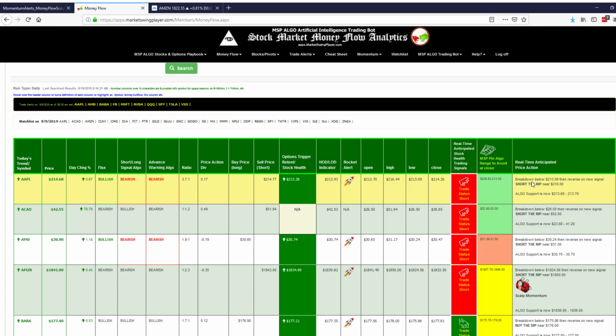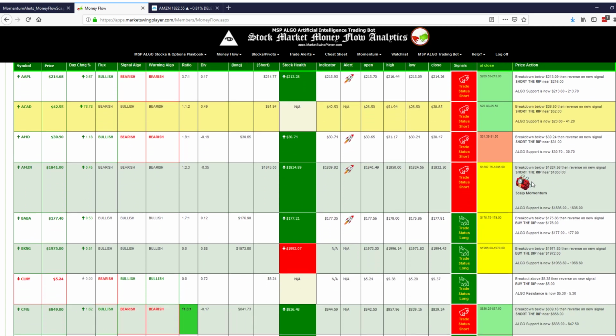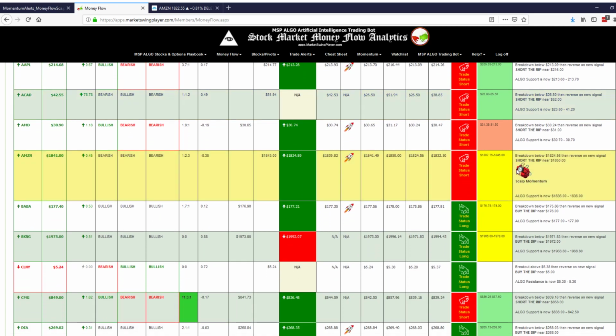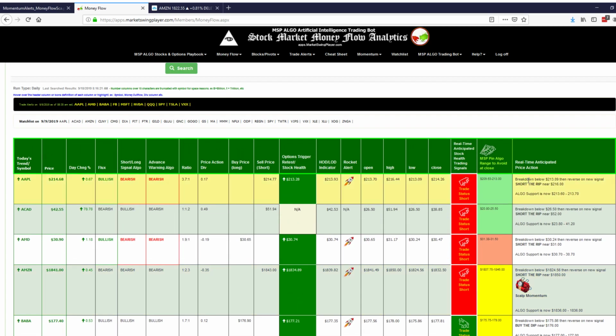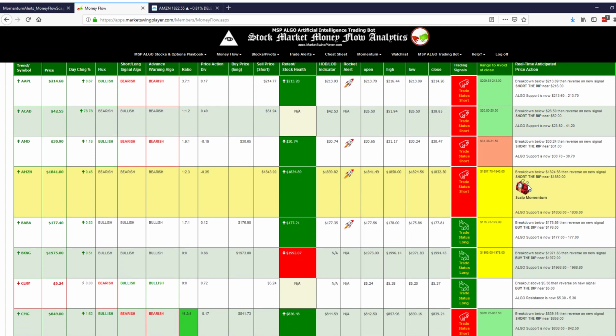Okay, so what have we added new? We've added the scalp momentum alerts, meaning that we believe these stocks will have great momentum out the gate. The other alerts are just as good. They just didn't trigger.